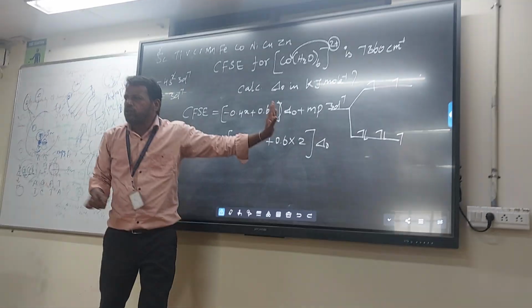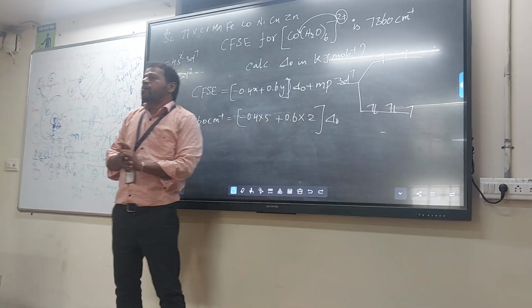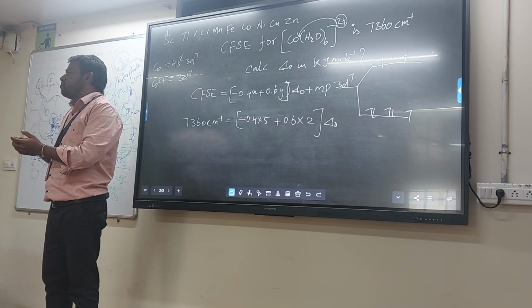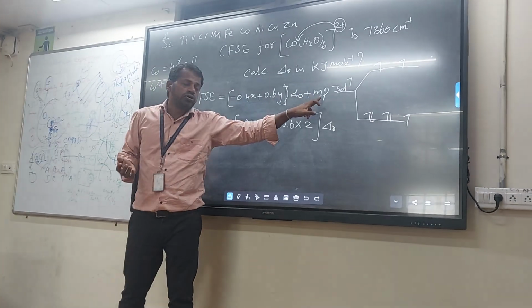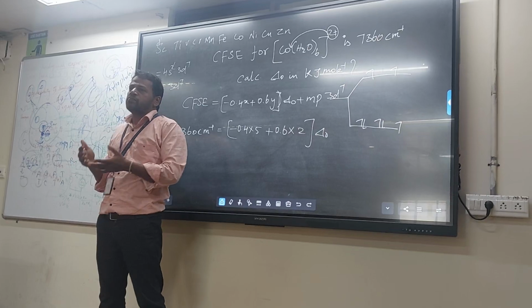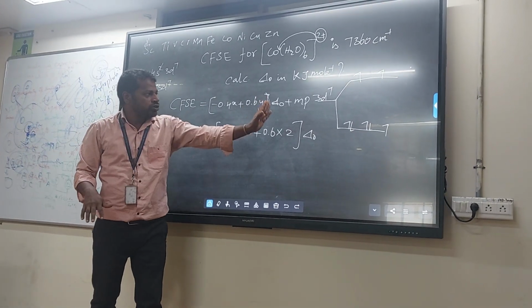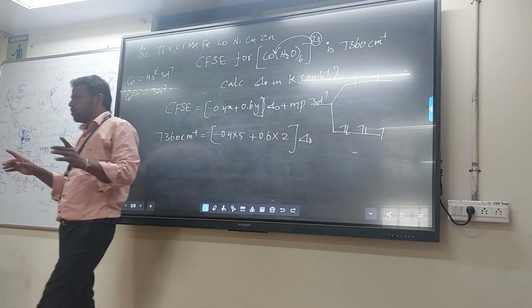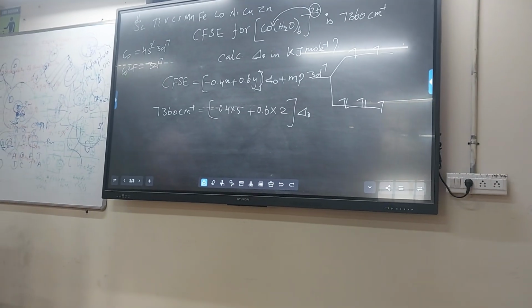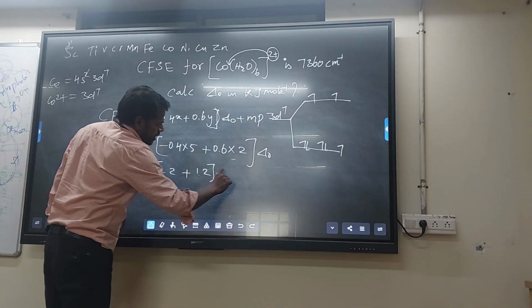You can ignore the plus MP. Listen, when they give the pairing energy, then it is applicable to include. If they didn't give any pairing energy or number of sets of paired electrons, you ignore it and use it up to the delta naught formula. Keep it in your mind. If they give pairing energy, it is plus 1.2 delta naught.